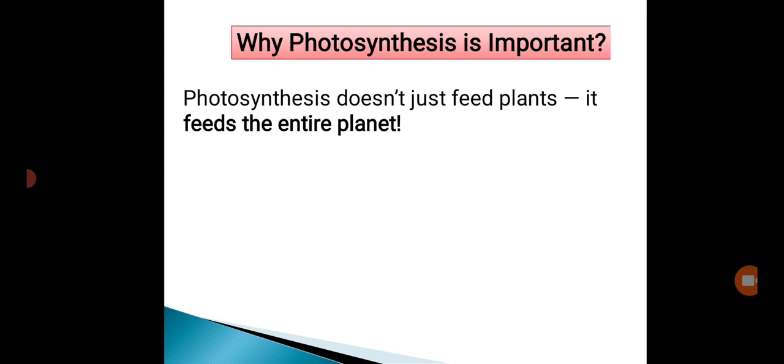Nearly all life depends directly or indirectly on photosynthesis of plants for energy and oxygen, right? So in brief we can say that photosynthesis is essential because it sustains life on earth by providing food, oxygen and energy while maintaining the planet's environmental balance, right?